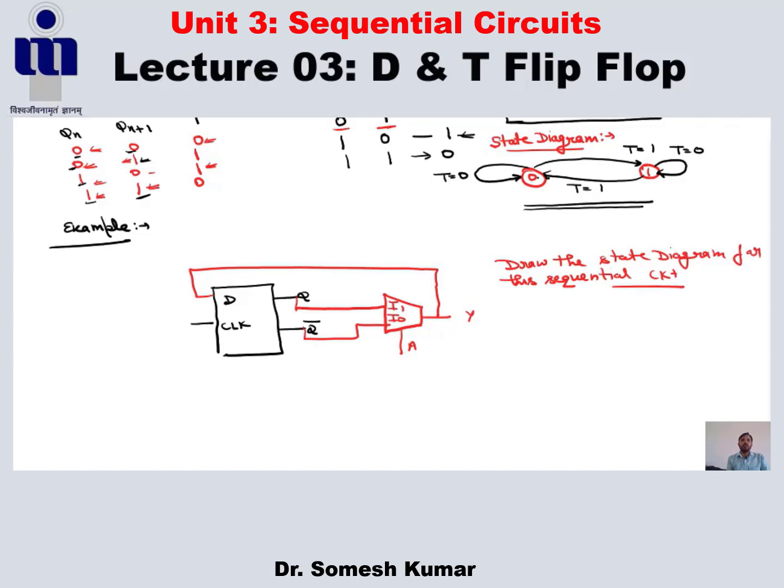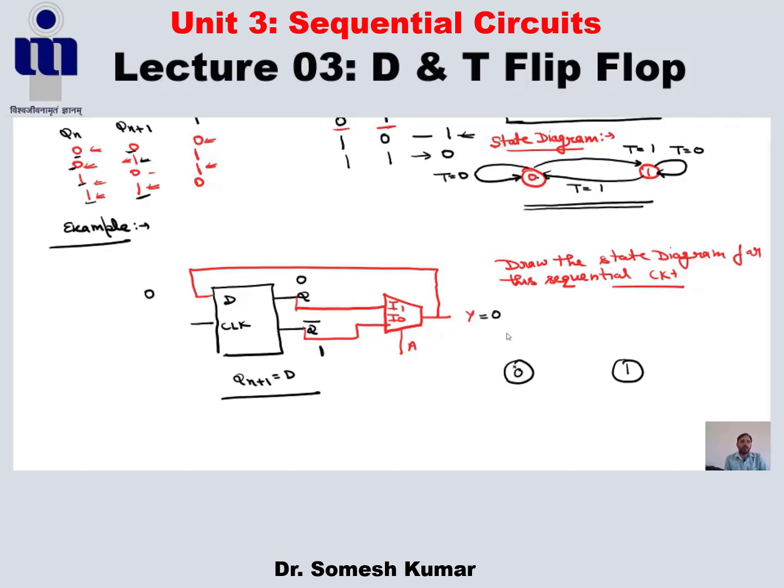In the state diagram, it is clear that Y is the output and A is the controlling input. There are 2 states, 0 and 1. If our present state is 0, meaning Y is 0, then D becomes 0 and Q becomes 0, because in the D flip-flop Qn plus 1 is equal to D. So Q becomes 0, then Q bar is 1 here.